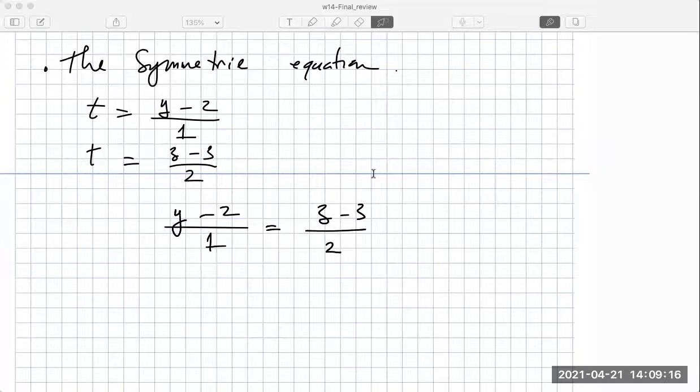Let's see. Here, right? Yeah, simply, we cannot write it as an equality.